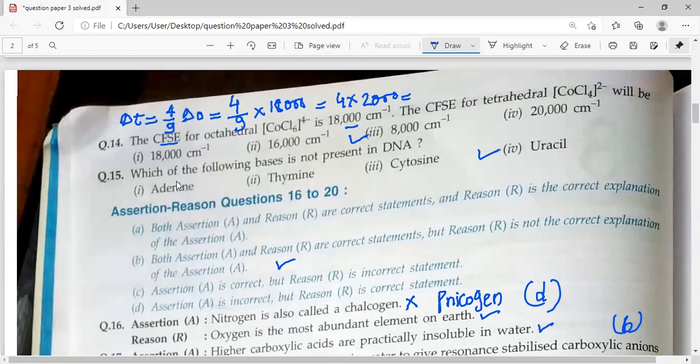So now we have two compounds, CoCl6 4- and CoCl4 2-. Let me explain this to you, my dear students.